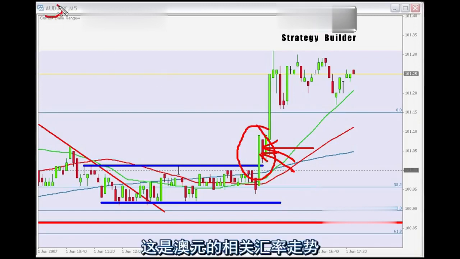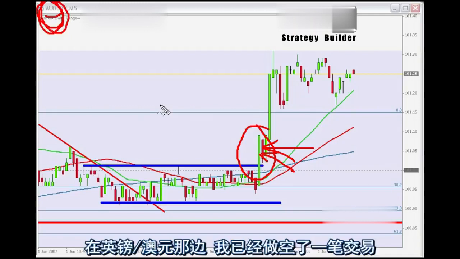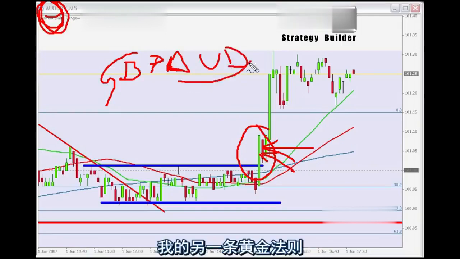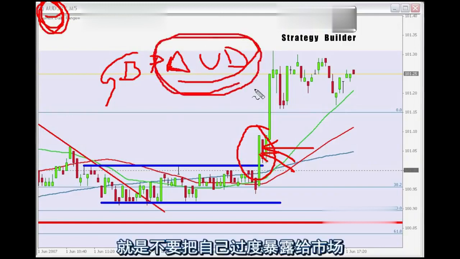Anyway, this is an Australian dollar currency pair. This is an Australian related currency pair, and in the other trade I am already short on the GBP against the Australian dollar. I know that one of my golden rules is to not overexpose yourself to the market.